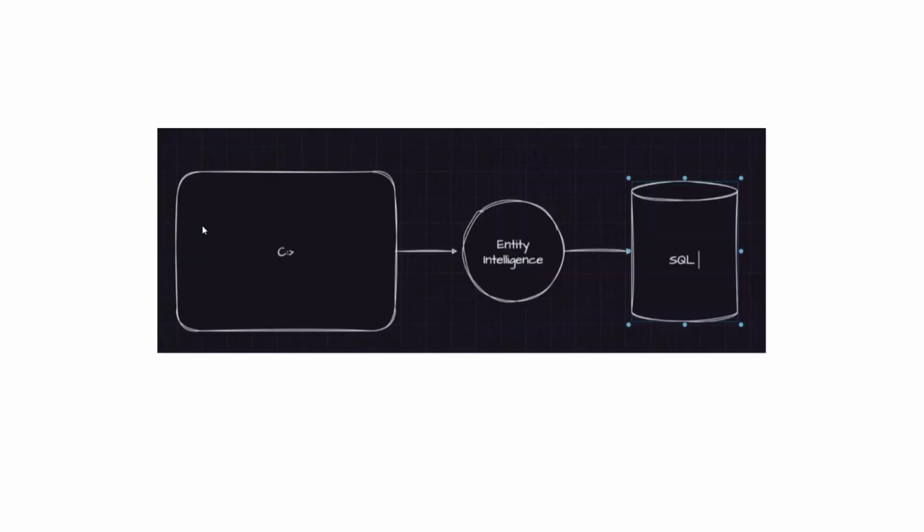I want to show you just a simple picture and say, if I have a prompt and I have a database, I need something in between to create intelligent queries, fire it against the database, and pass me the result.